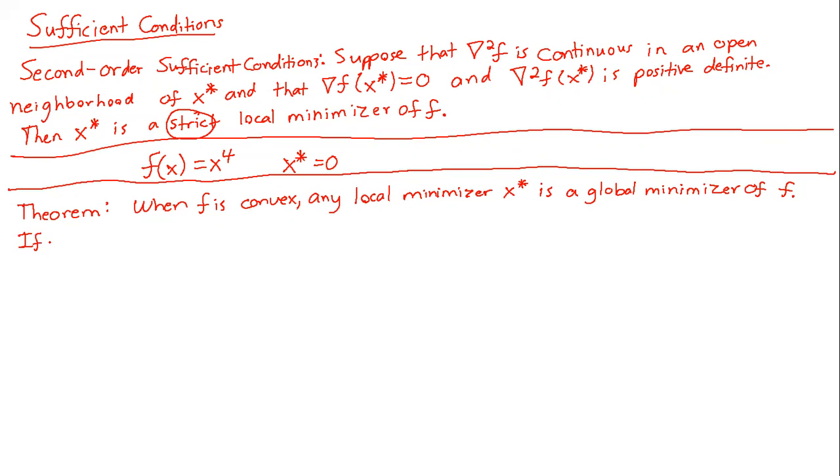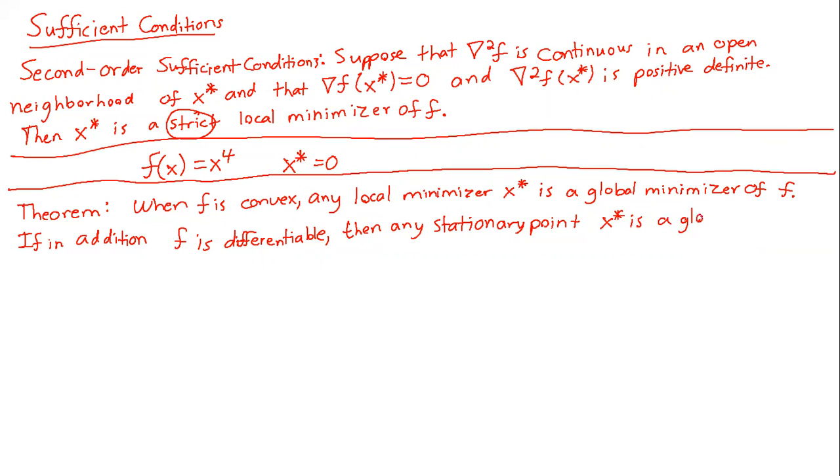If in addition f is differentiable, then any stationary point x star is a global minimizer of f.